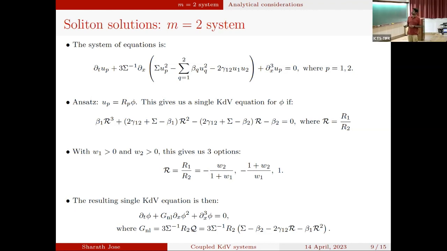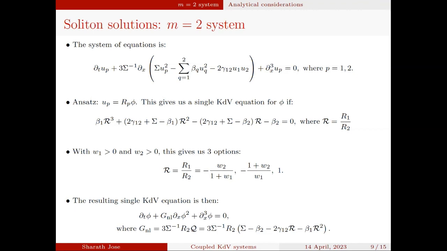You're right, a single KdV is definitely integrable, but this depends strongly on this ansatz. It's more like we found a regime or a set of parameters for which we can mimic an integrable system. We cannot claim that this is an integrable system, because this is not a universal aspect for all sets of parameters.